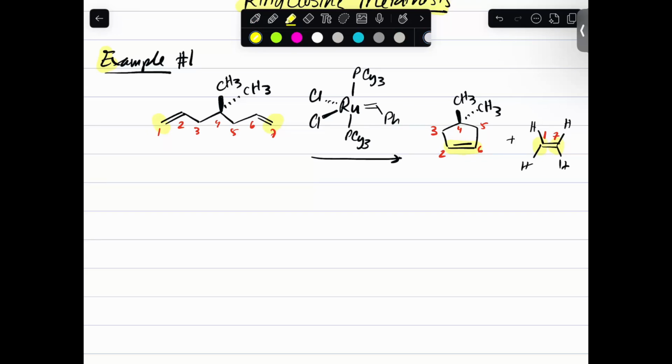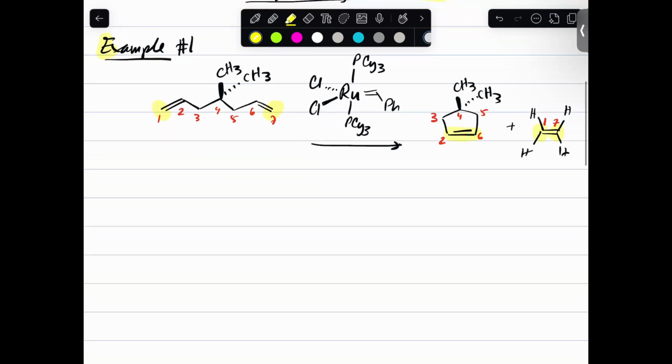Just like with our previous cross-coupling reactions, we always start with the metal catalyst, in this case, our ruthenium catalyst. It's going to get a little crowded. These catalytic cycles are much longer than what we're used to, so bear with me.